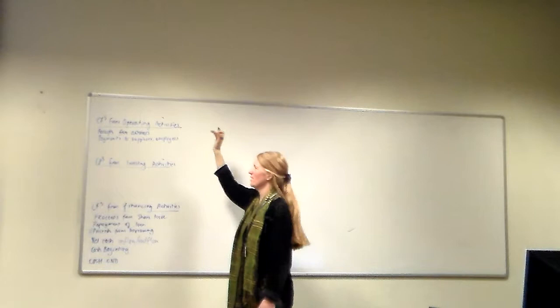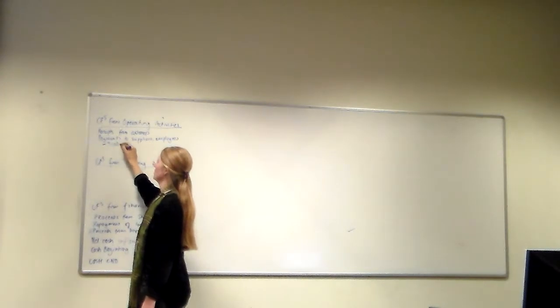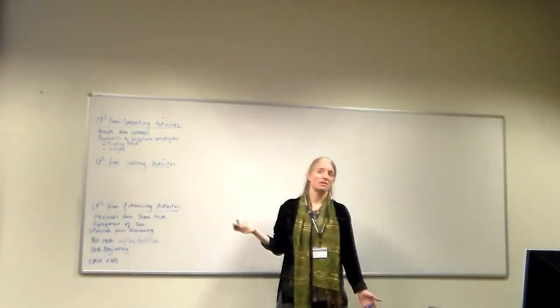So you can actually split that up and say, okay, payments to suppliers and employees. For example, you would have payments for trading stock. You could have payments for wages. You could have payments for what else do you think? Rental.